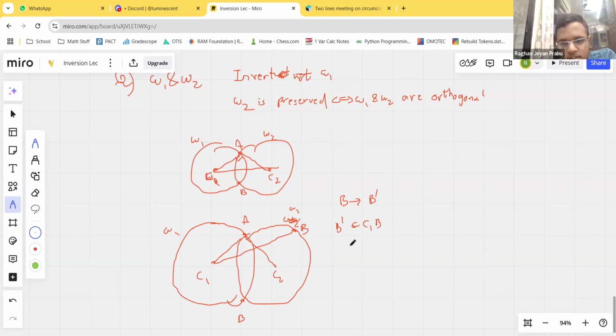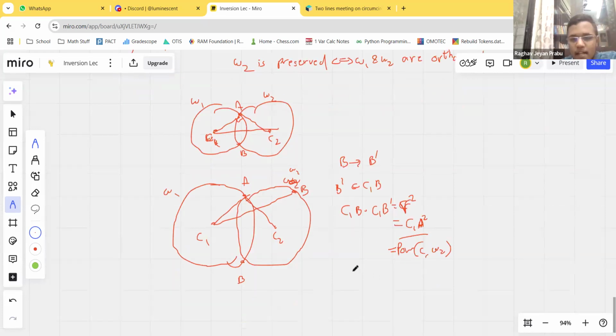And I also know that C1B times C1B dash is equal to the radius squared. But what is the radius? The radius is just C1A, so C1A squared. However, C1A squared is also the power of C1 with respect to omega 2. What does this imply? This implies that B dash lies on omega 2.